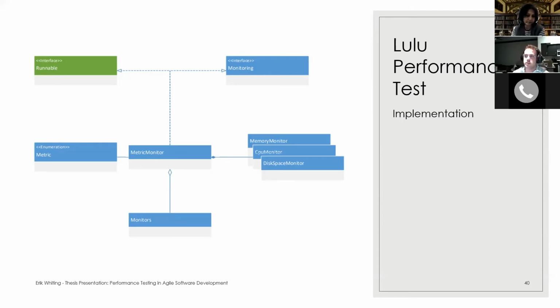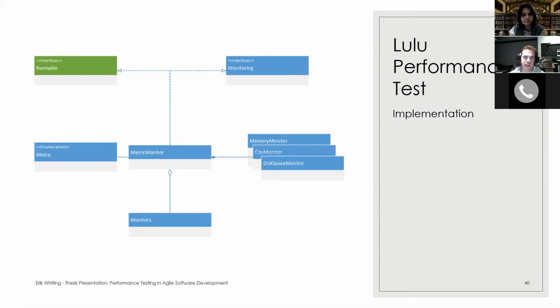There's memory, CPU, and disk space, and there are built-in ways in Java to monitor those things. And then there's also another monitor class called other monitor, where you can pass it a system command, like a bash command, that will find whatever metric you want to look at, and you can monitor that too. And I have LPT open if anybody wants to look at that as well.